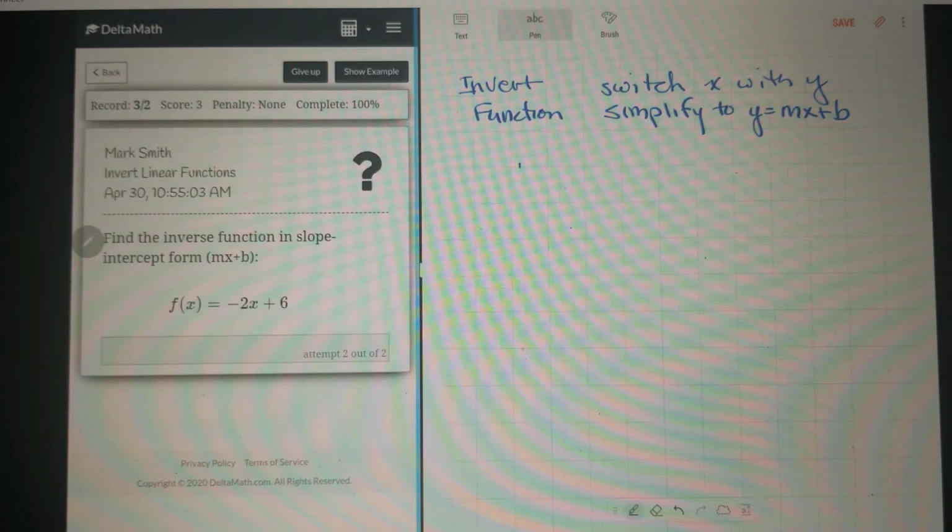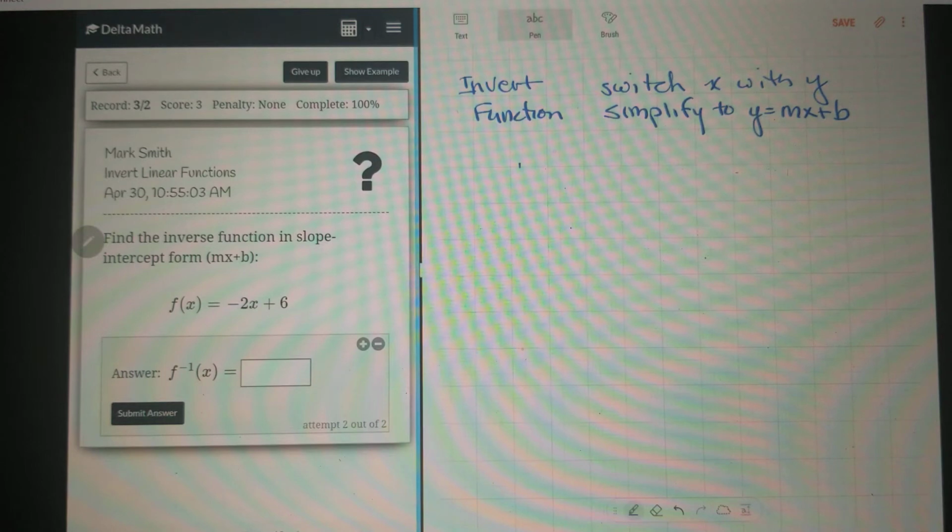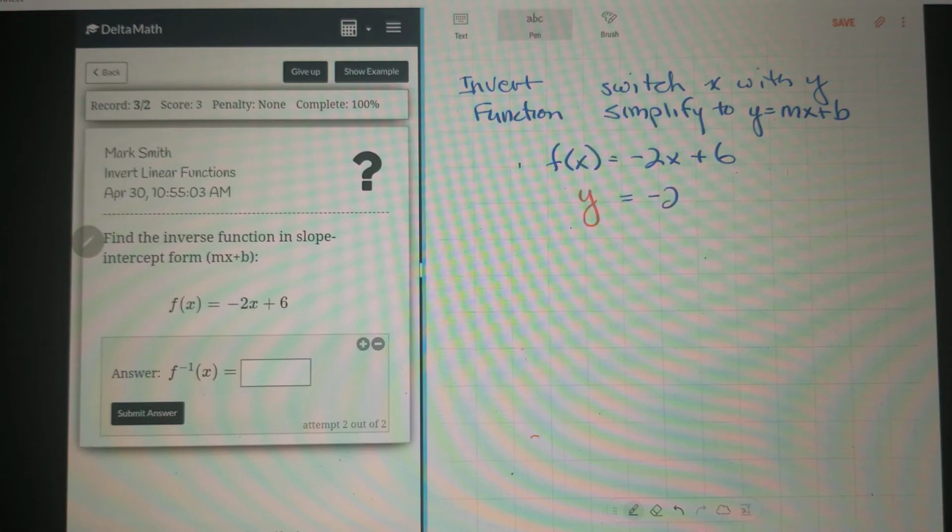So for linear functions, this says f of x equals negative 2x plus 6. The first thing you might say is, hey, there's no y there. Where is the y? f of x and y mean exactly the same thing, so I'm just going to put the y in there.